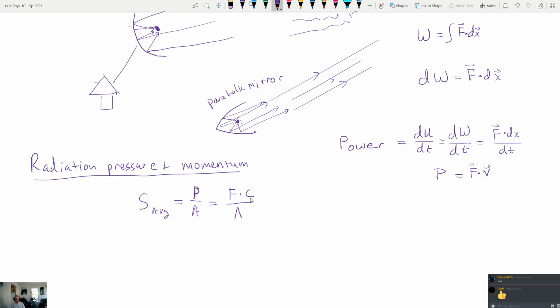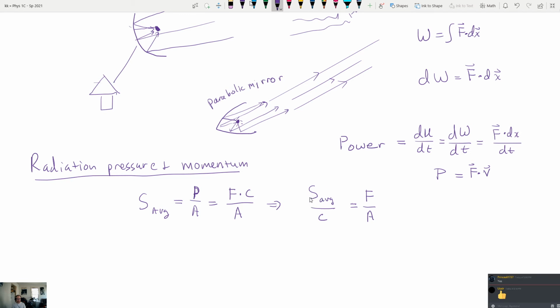So now we have force over area times c is equal to S average. So let's rearrange this a little bit, and we'll write S average divided by c is equal to F over A. Now this is force per unit area. So this seems to imply, when you look at it, that if you have a light beam or any type of radiation, and it has a Poynting vector, which it automatically does, so it has intensity.